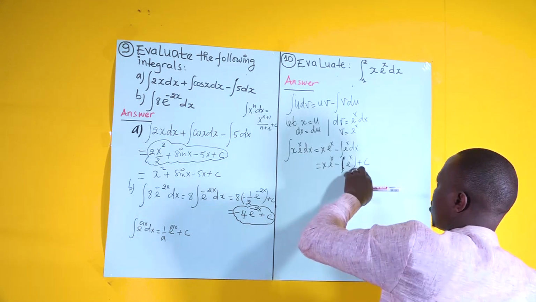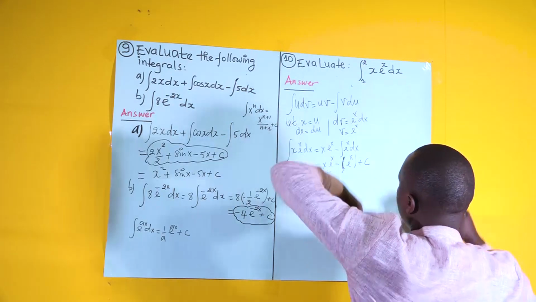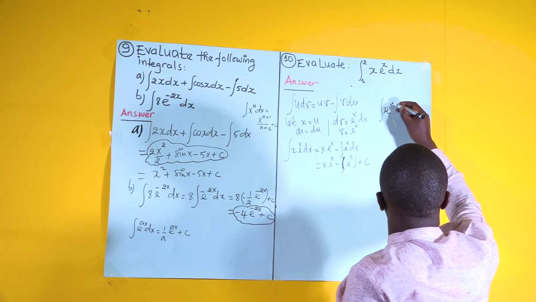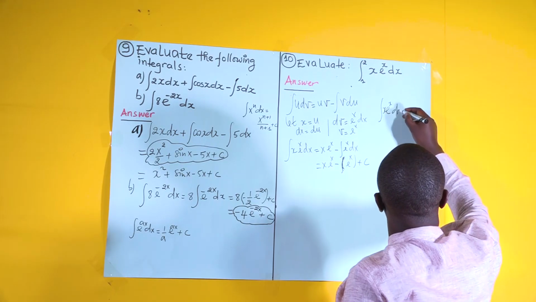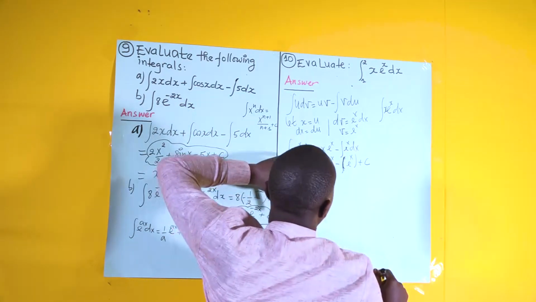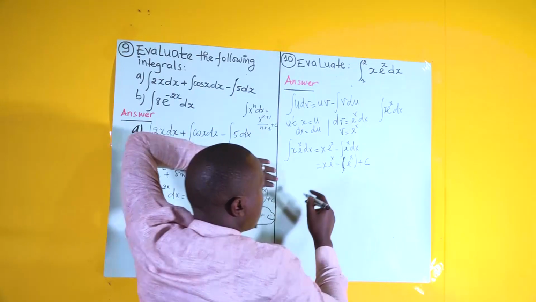So let us move this constant by adding what now? The integration that we have here is the integration of x e to the x dx, which doesn't have boundaries. So let us make the definite integration by adding these boundaries.